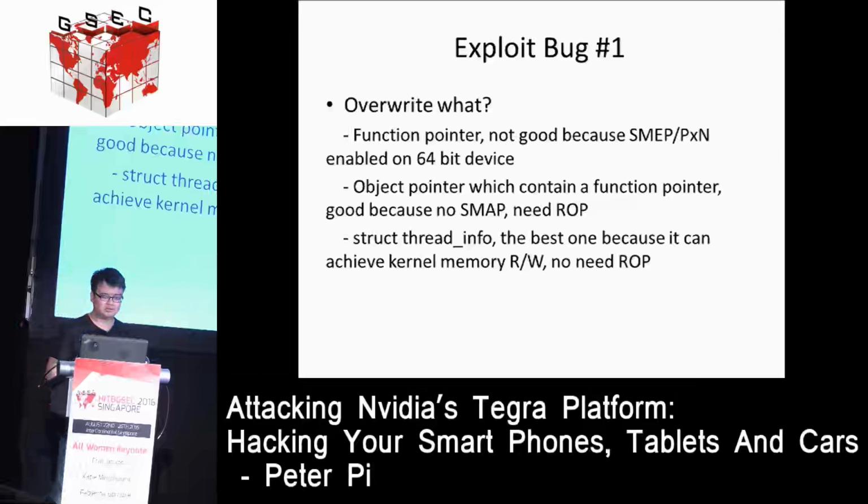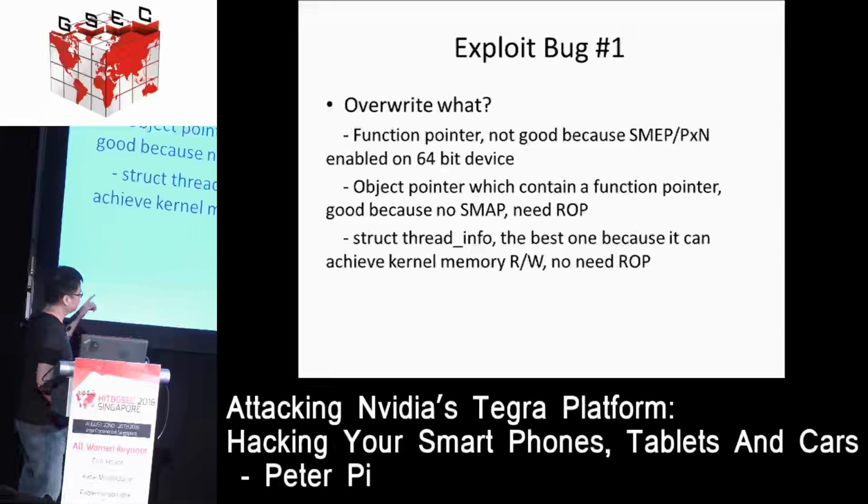The last choice is the struct thread info. This is the best one because we know there is an address limit field in the struct thread info. If the address limit is a very big value, it means that user space can access kernel memory.